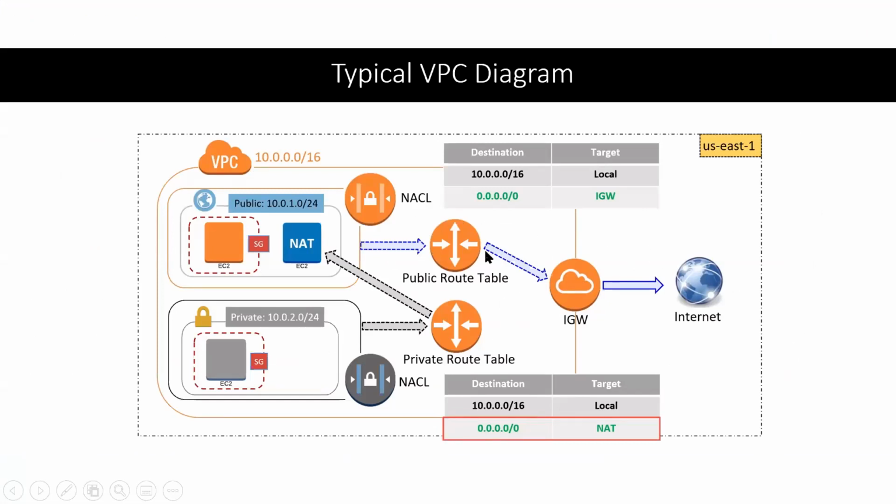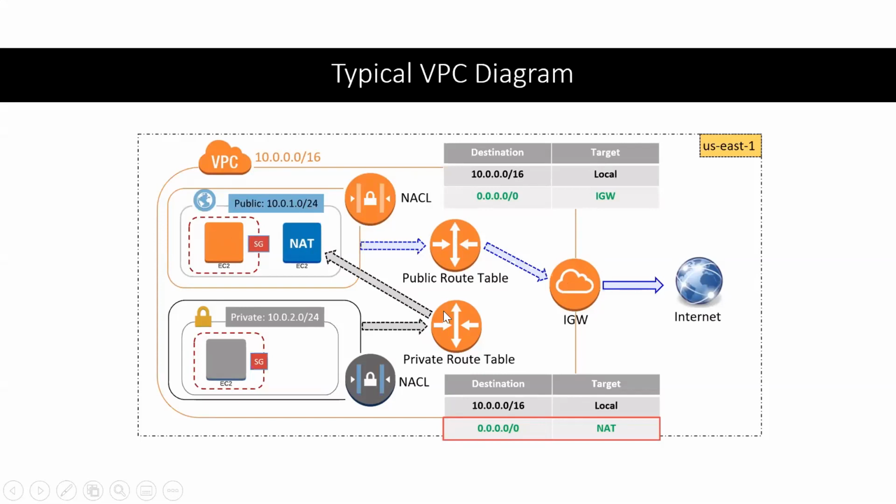Looking at the architecture, we have to assign route tables to this internet gateway. What do route tables do? Basically, they will route this particular traffic via your internet gateway, and then we'll have connectivity to the internet.